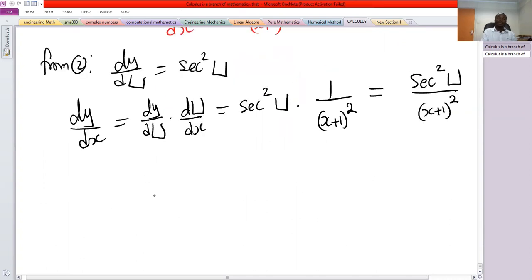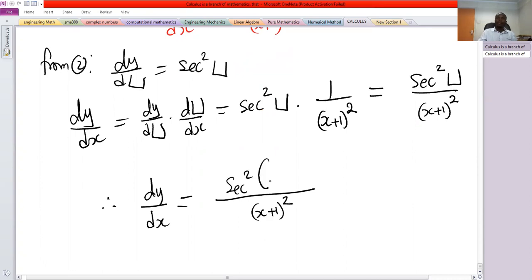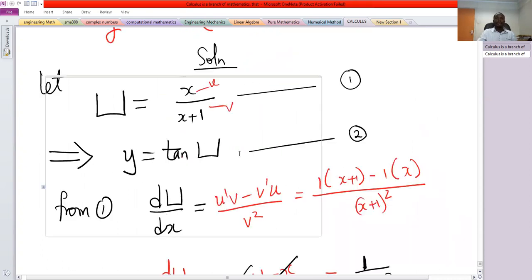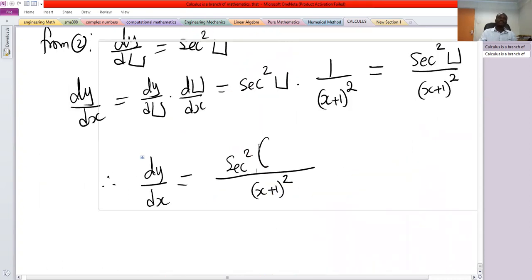So therefore, dy dx will be sec squared, and remember, capital U was x over x plus 1, so write sec squared of x over x plus 1, all over x plus 1 squared.